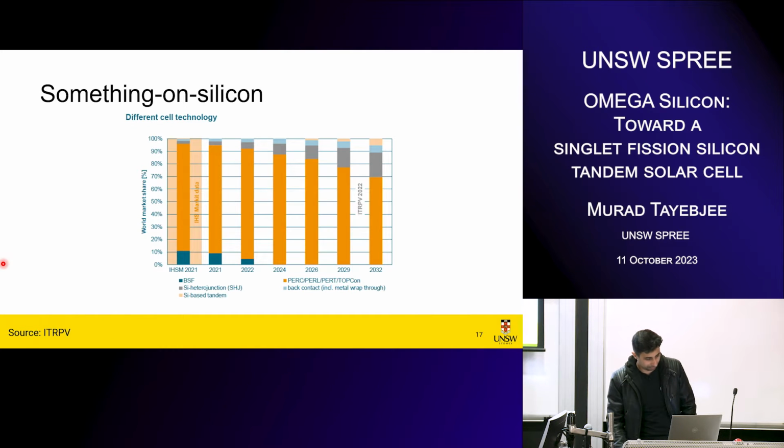Right. So back when I started working on singlet fission in 2009, there was a whole lot of talk of, we're going to use OPV and it's going to be so much cheaper because we can print it like newspapers, and we don't need silicon anymore. Like, this will be the next big thing.